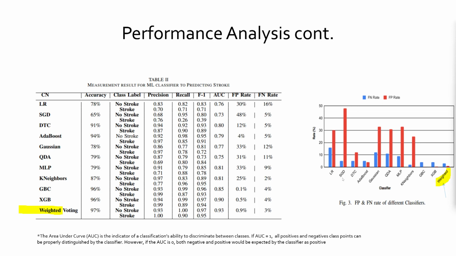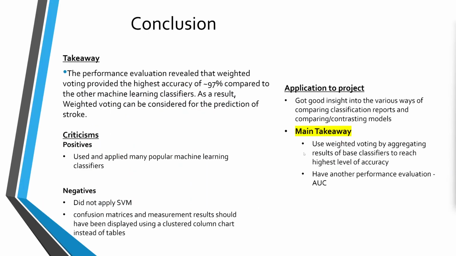You can see that SGD had a very high false positive rate. But weighted voting had the lowest false negative rate and false positive rate, which is really good. The performance evaluation revealed that weighted voting provided the highest accuracy of about 97% compared to the other machine learning classifiers, and as a result, weighted voting can be considered for the prediction of stroke.